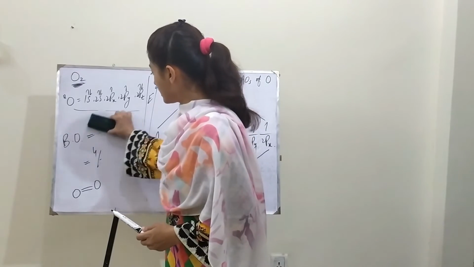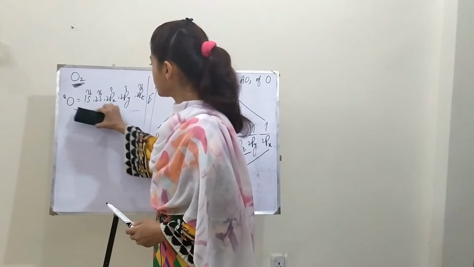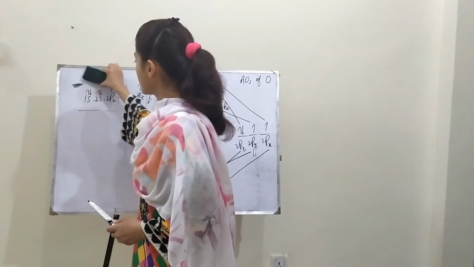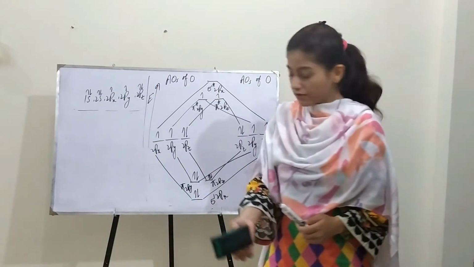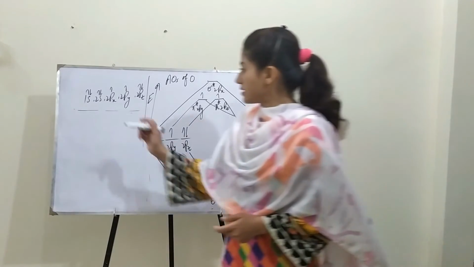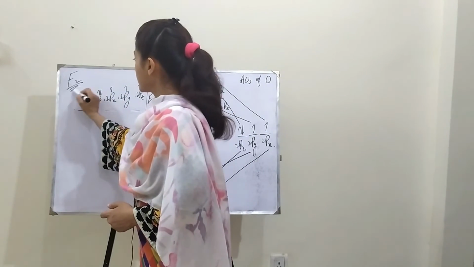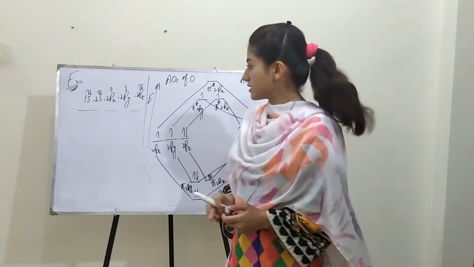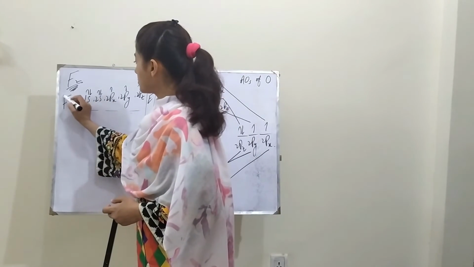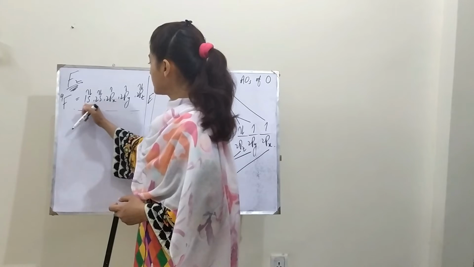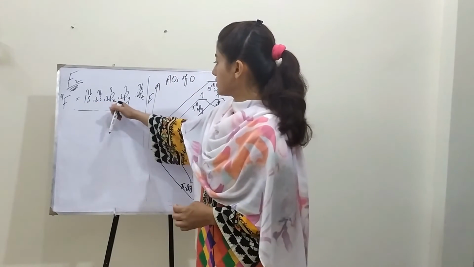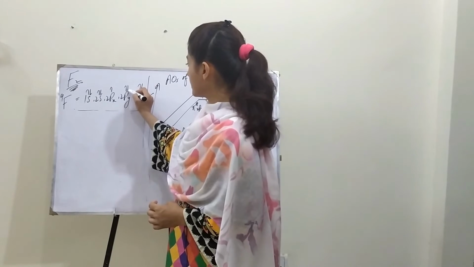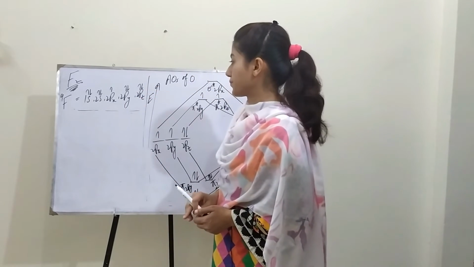Now we move toward the fluorine molecule. What happens in the fluorine molecule? That resembles very much the oxygen molecule, as the atomic number of fluorine is 9, that is 1s2, 2s2, 2px1, 2py2 and 2pz2.